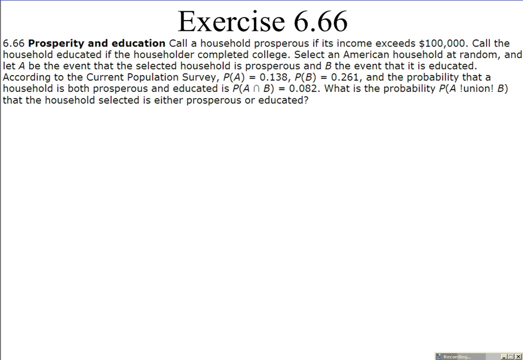So let's write those down, make sure we know what we're doing once we get our symbols. So A is going to represent a prosperous household. B is going to represent an educated household under the guidelines that we were given here. Prosperous household income is over 100,000. Educated if the householder has completed college.